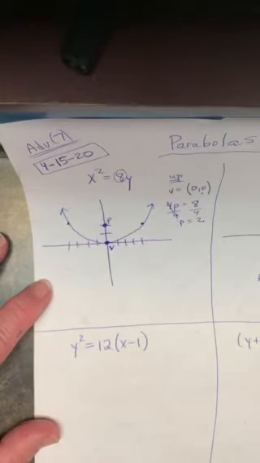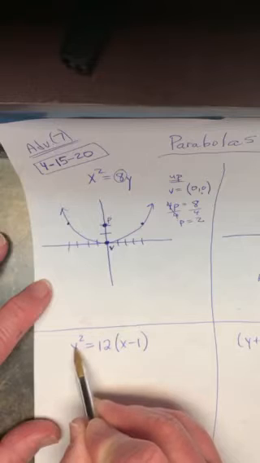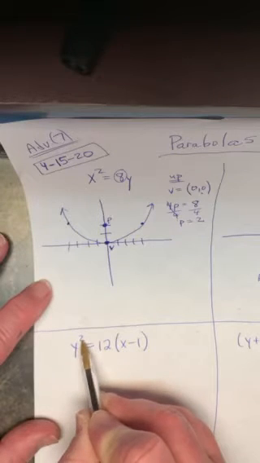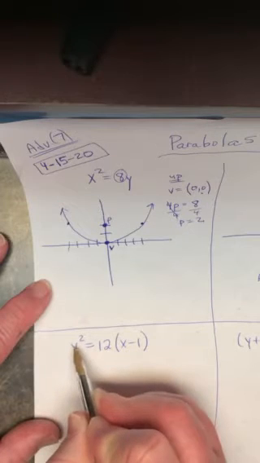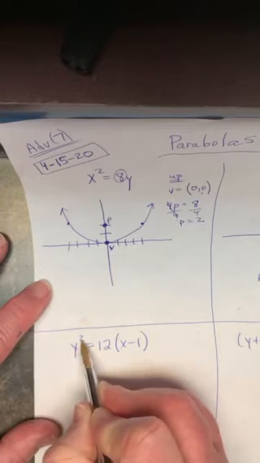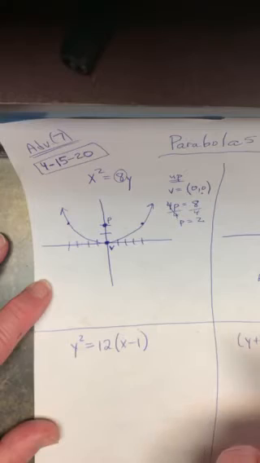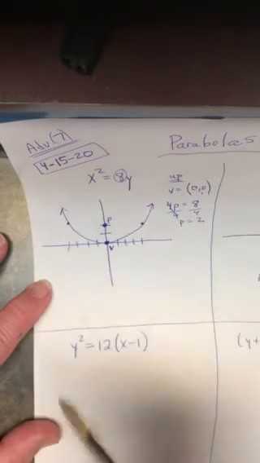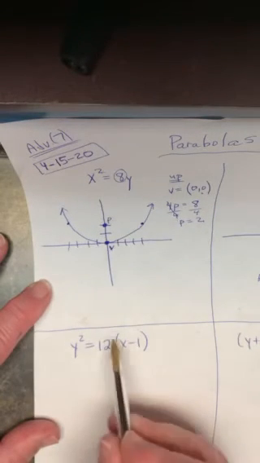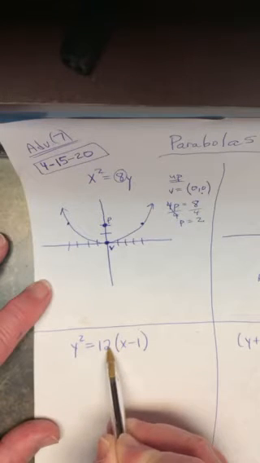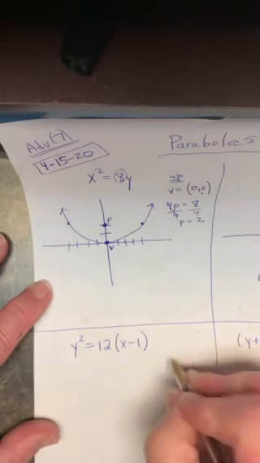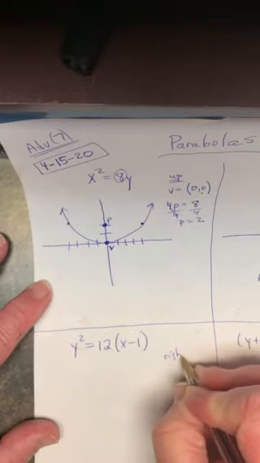Okay, now what do you notice? I notice that the y is squared instead of the x squared. If the y is the letter that's squared, guys, it opens either right or left instead of up or down. And because 12 is a positive number, which direction would be positive? Well, that would be to the right.